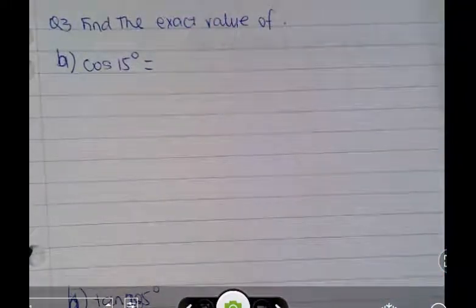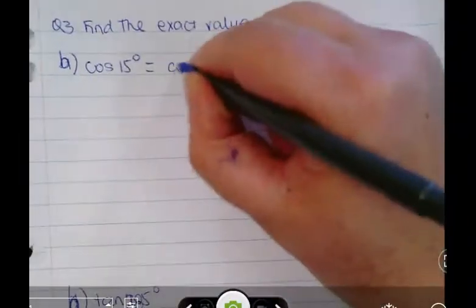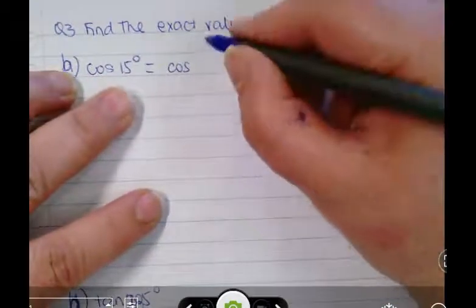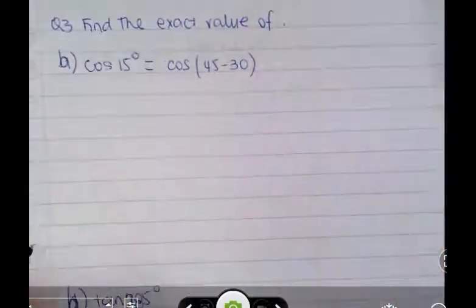Now, you have cos 15. Remember, you only know exact values for 30, 45 and 60. You could come up with 15 two ways. 45 minus, no you can't, 60 minus 45. Any other way? That's it. 60 minus 30. 45 minus 30 as well. So two ways. Cos of 45 minus 30. Good with that?